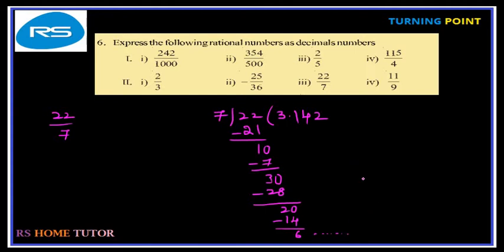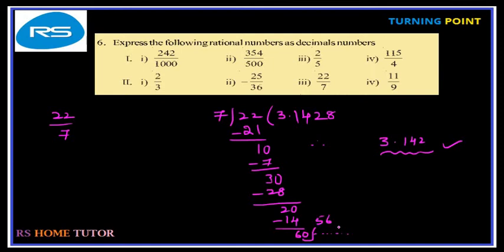This never terminates. You can't get 0. So therefore I can write the final answer as 3.142. So that's all. If you want, you can go for one more step. Take 0. 8 sevens are 56.